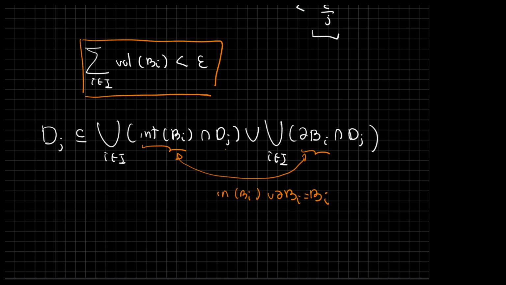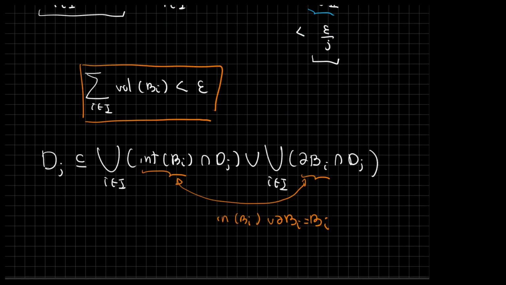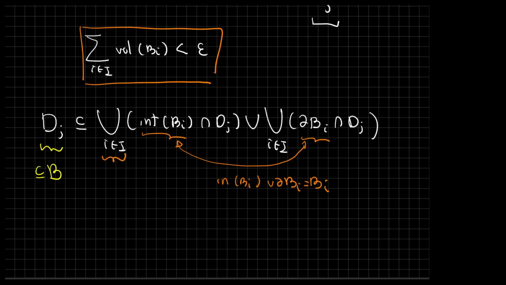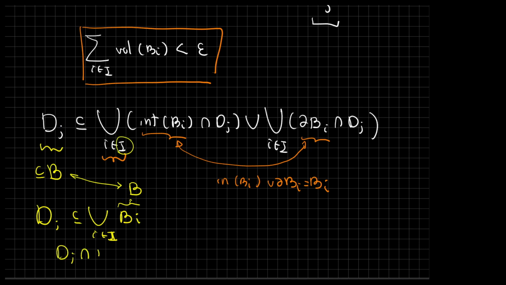And remember that this set was in the beginning set as a subset of B. So this set, this D of J, is always included in this union, because this is a partition of, well, not exactly a partition, but something like a partition of the set B. So if we take only the points in which the intersection of this with B is different from the empty set, then nothing is lost when we restrict this union to only I. Recall this is the whole set of indexes.